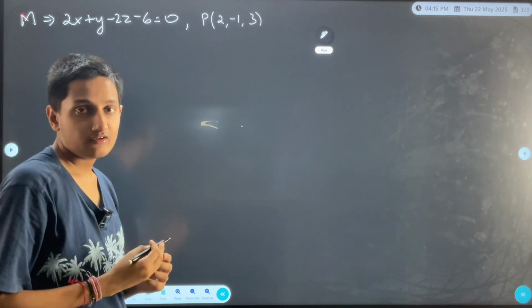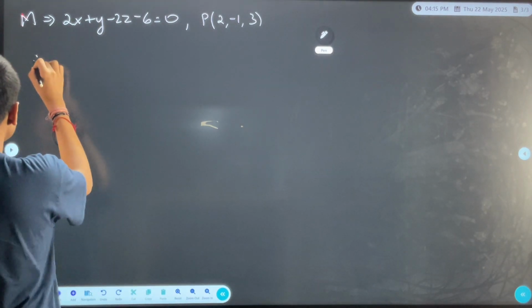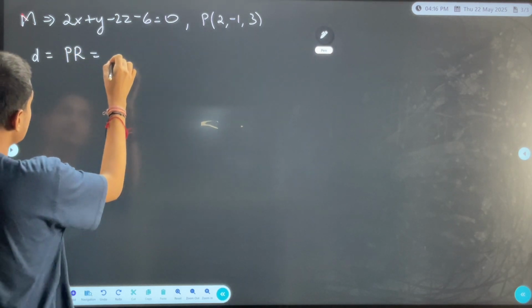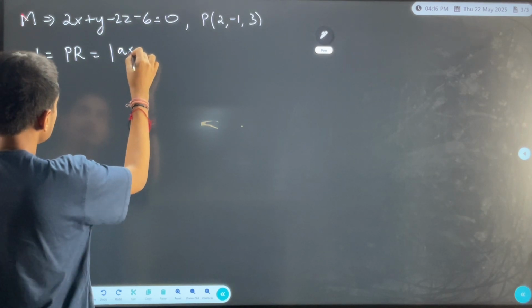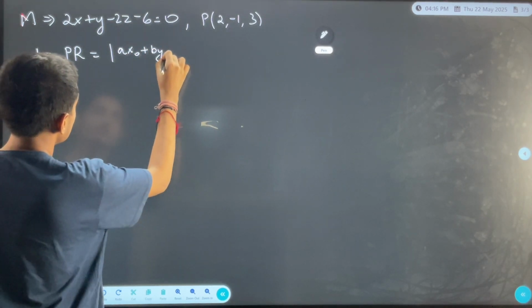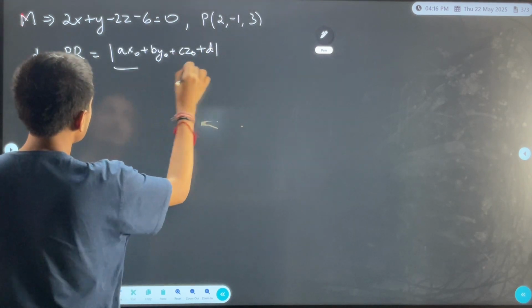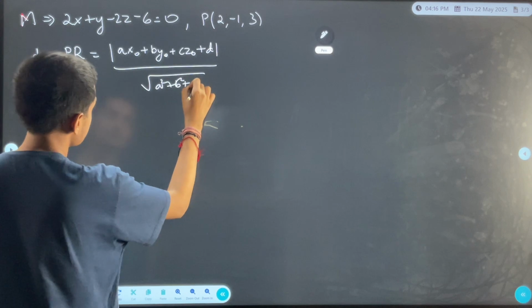We know from the distance formula of a point from a plane that D, which in this case is the length of PR, will be equal to mod of Ax naught plus By naught plus Cz naught plus D whole divided by root of A square plus B square plus C square.